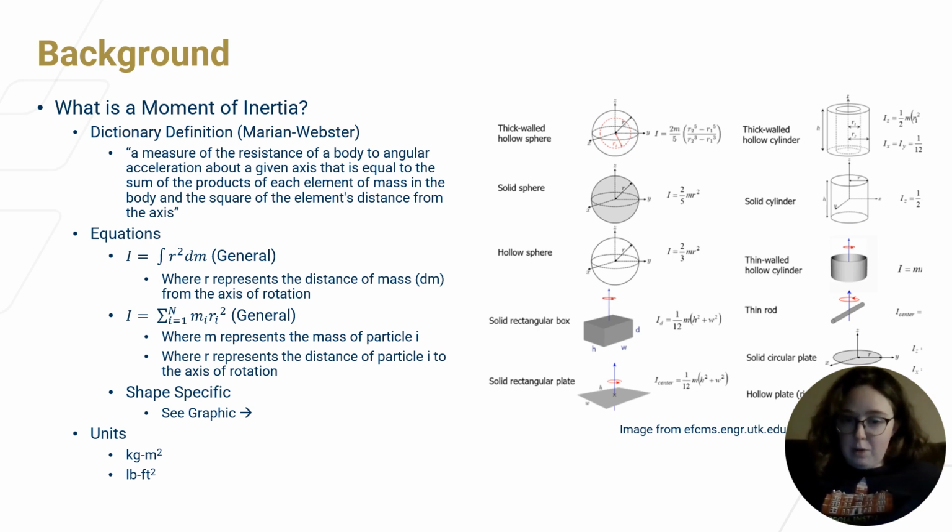So we've got hollow sphere, solid sphere, cylinders, hollow cylinder, some rods, some rectangular prisms. Our SI unit for moment of inertia is kilogram meter squared, but since we live in the United States of America, you will also occasionally see pound feet squared.